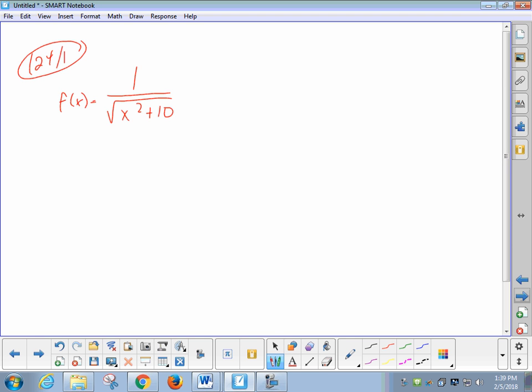Would you agree that the domain is all real? Because that would not be zero nor negative. Okay. Would you agree that x is inversely related to y? As x gets bigger, y will get smaller? And would you also agree that the biggest possible y is when x squared is at its smallest? And so what's the max?